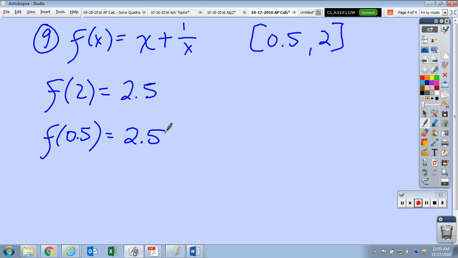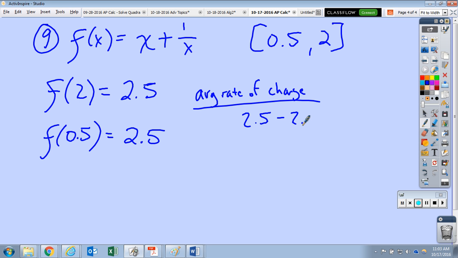So then to find the slope of the secant line, or the average rate of change, we have 2.5 minus 2.5 over 2 minus 0.5. So this is going to have the slope of 0.